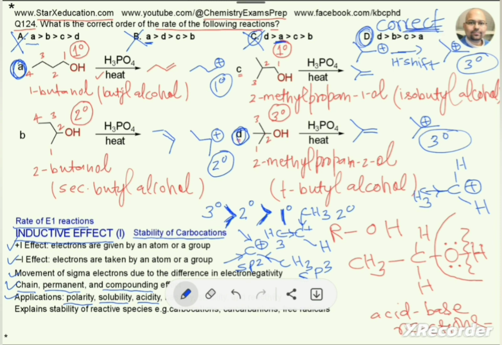Alright, so to recap this lesson through this question number 124, we saw the reactivity of alcohols. They give three types of reactions: acid-base reactions, substitution reactions, and elimination reactions. Dehydration of alcohols is a very common reaction of alcohols.